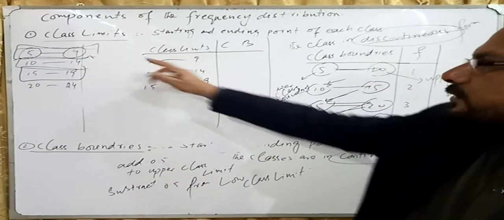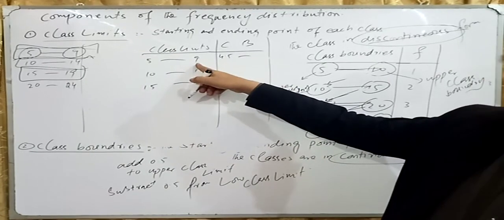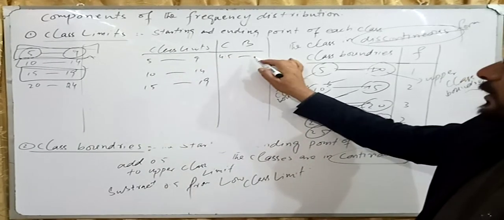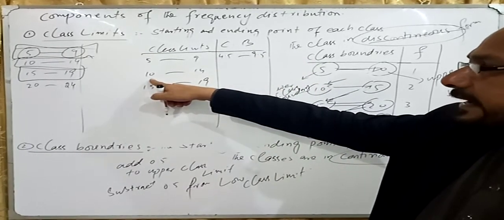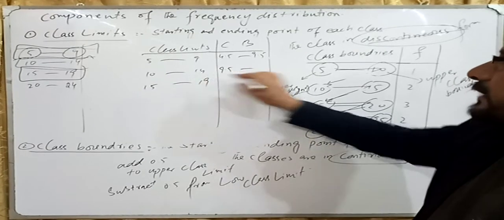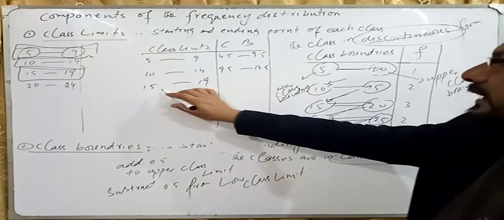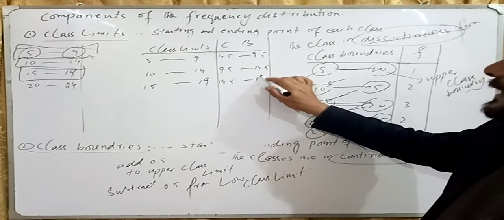So we will subtract 0.5 from 5, it will become 4.5. We will add 0.5 to the upper class limit, so it will become 9.5. Then if you subtract again 0.5 from 10, it will become 9.5. It will become 14.5, and it will become 19.5.